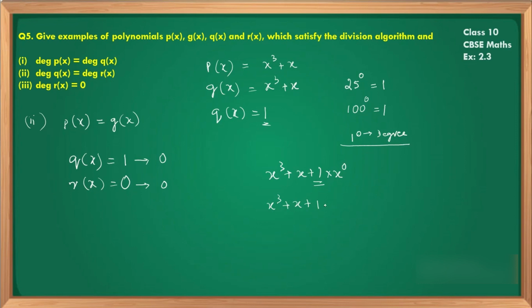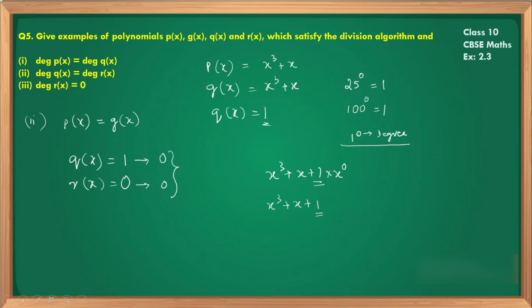This is equal to 1. Therefore, this 1 remains as the constant 1, assuming x with power 0. Therefore, the degree of 1 is assumed to be 0. Now, in the other case, the remainder is 0. Even the degree of this is also 0. This is how we could prove part 2.